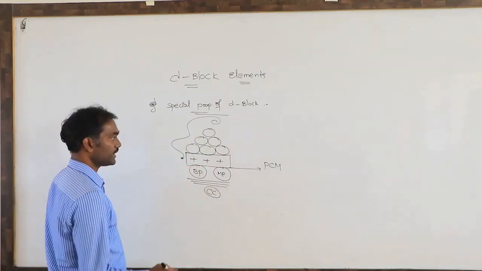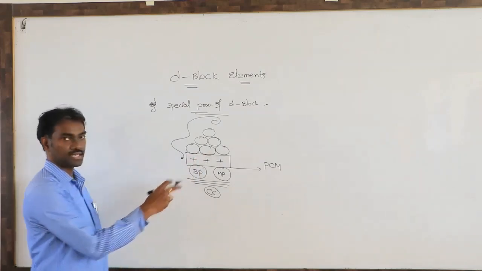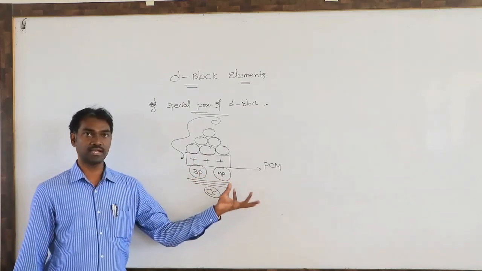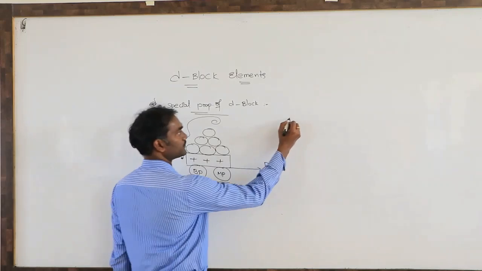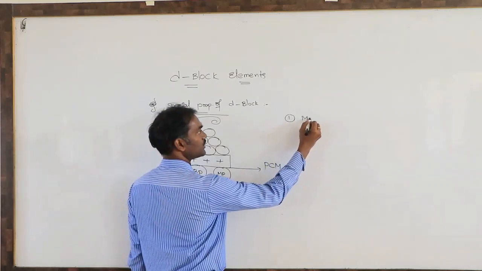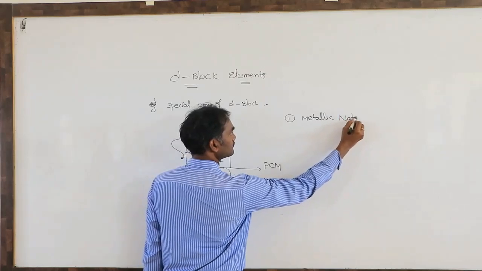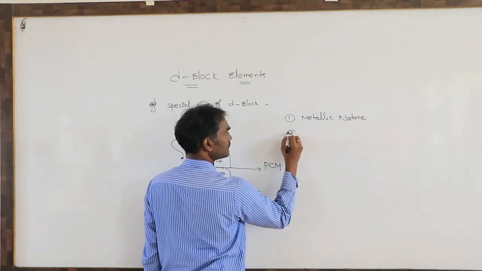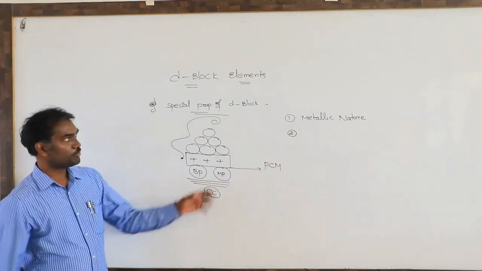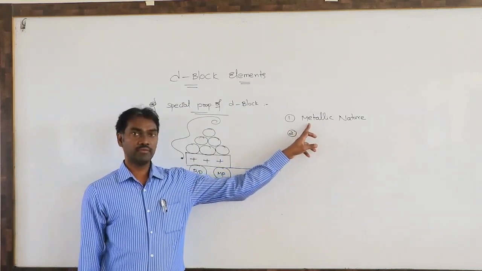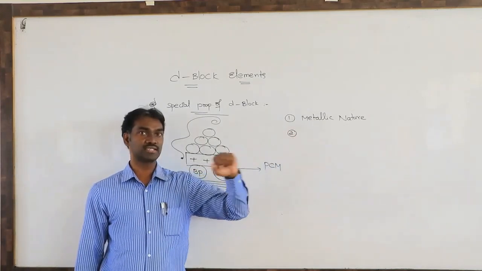See, this chariot is made up of metal compulsorily. So the special property is metallic nature. Next, metal means everyone thinks of positive.